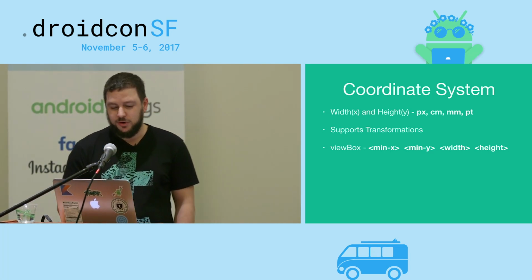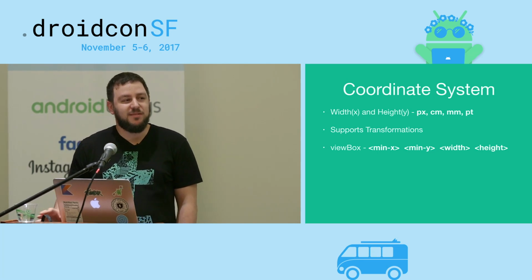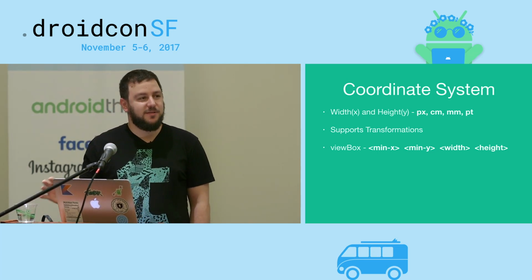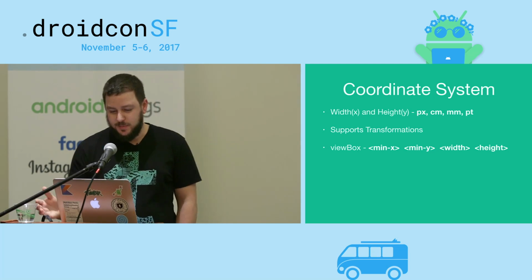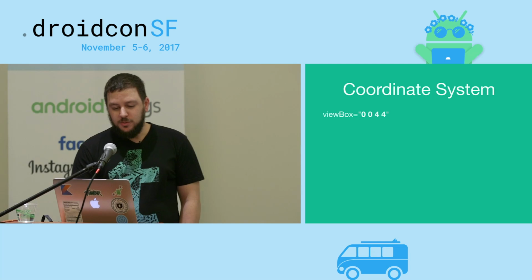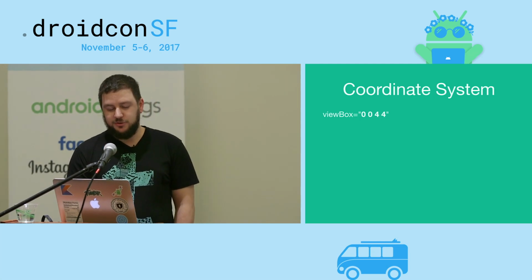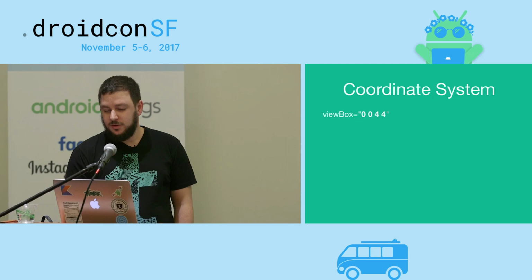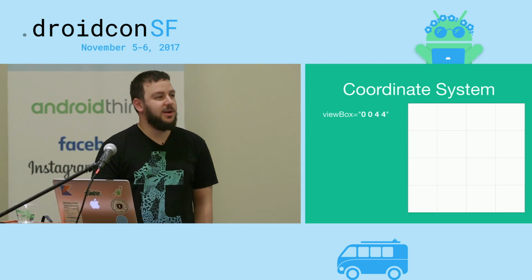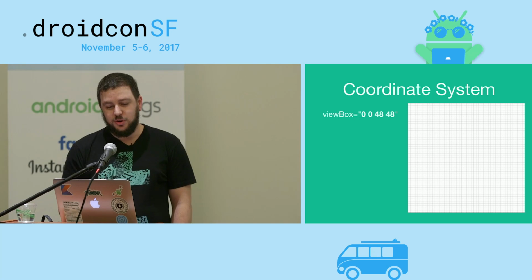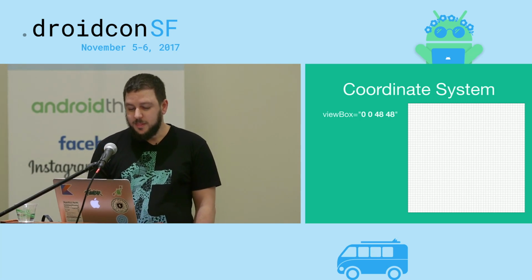So whatever your actual coordinate system is doesn't really matter, because you draw in this view box, which is just a basic X by Y. Given some size, we can adjust our coordinate system to a different, simpler value. For example, we can have a 4 by 4 grid, or a 12 by 12, or a 48 by 48.